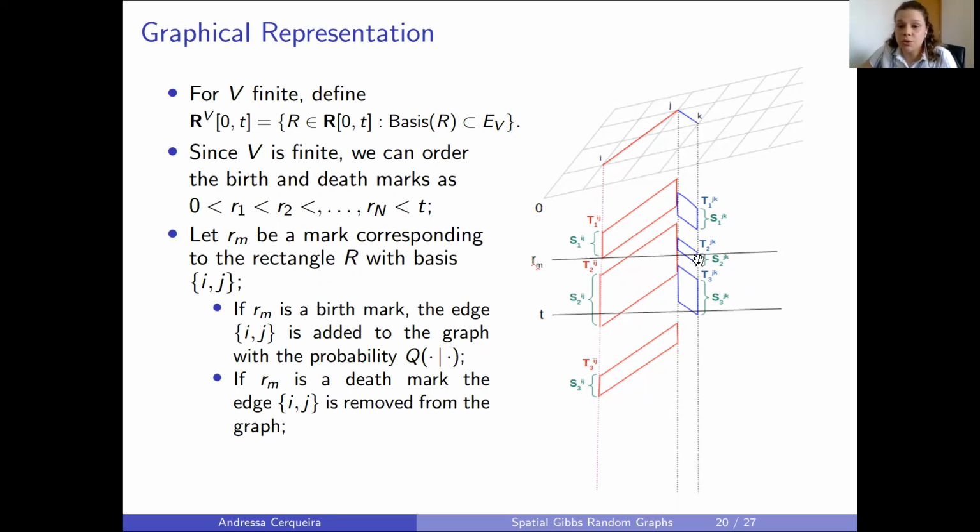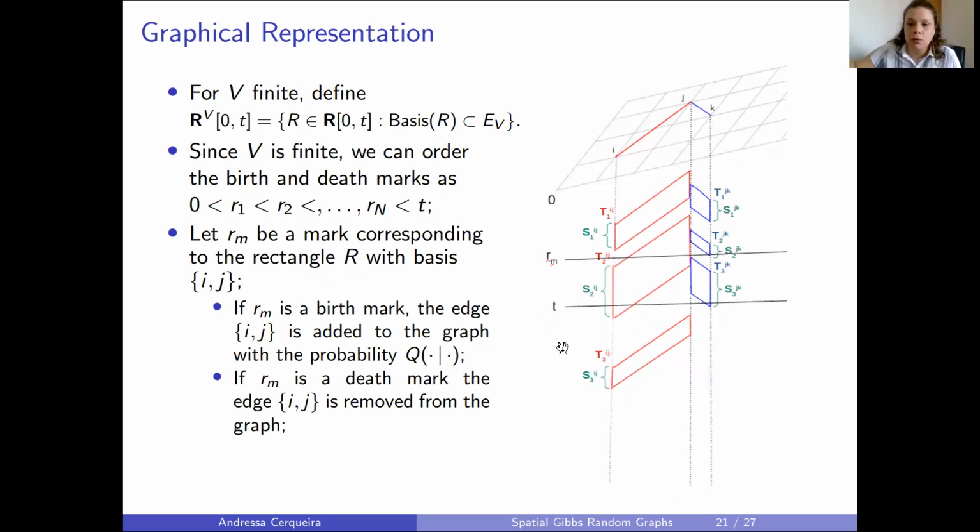So what I need to do is just look at the set of all rectangles that were born before this one, such that the bases intersect J and K. So K belongs to the bases of those rectangles and J belongs to the base of those rectangles. Like, for example, if we look at these red rectangles, we need to look at all these rectangles to decide if we are going to add this edge in the graph or not.